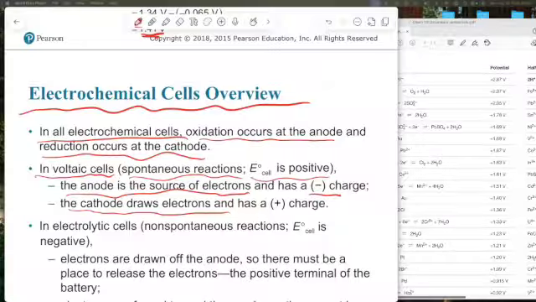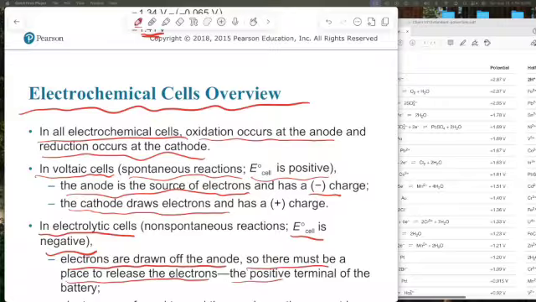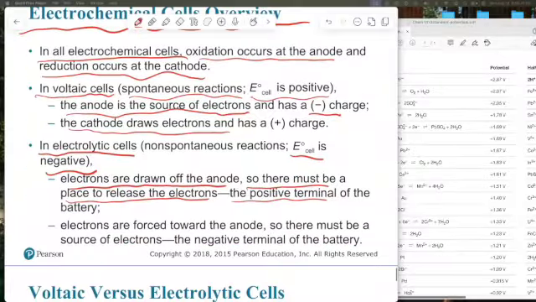Now we're talking about the other cell, the non-spontaneous one. In electrolytic cells, the E of the cell is negative. Electrons are actually drawn off of the anode, so there must be a place to release the electrons, the positive terminal of the battery. Electrons are forced towards the cathode, and so there must be a source of electrons, the negative terminal of the battery.